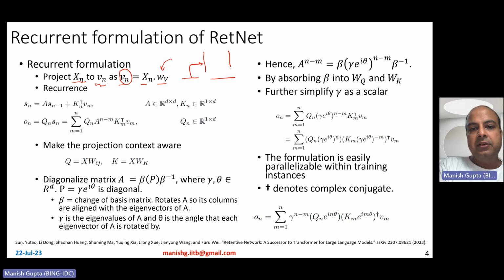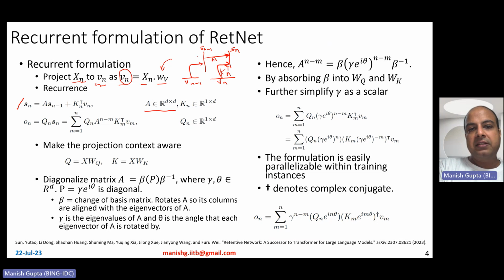If you remember the recurrent formulation, you have Sn minus 1 and Sn. You think of this as Vn and this as Vn minus 1, and you can think of this weight matrix as Kn transpose and this weight matrix as A. That is how Sn is computed using the standard recurrent formulation: Sn equals A times Sn minus 1 plus Kn transpose Vn. Okay. So now here A is a D cross D matrix.